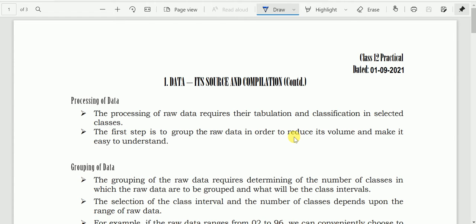Okay, so here we have data, its source and compilation. The third part, so here processing of data. See, processing of data requires their tabulation, classification in selected classes.